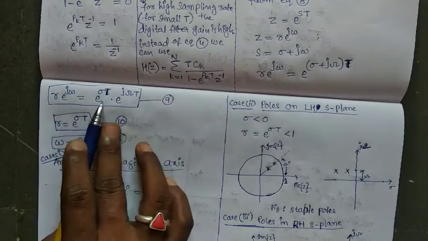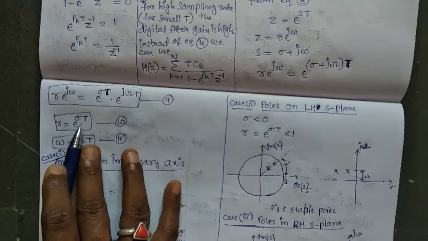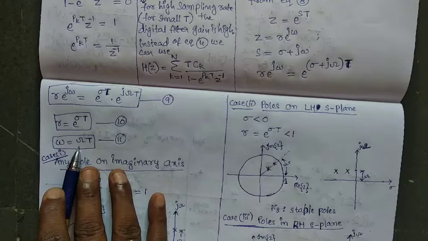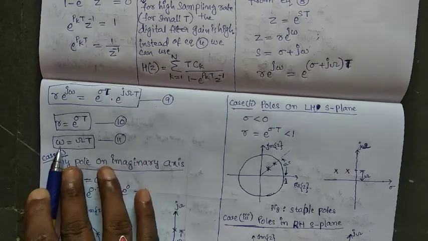Comparing the two sides, r is equal to e power sigma T, and omega is equal to omega T, analog frequency into T. Here omega is the digital frequency.